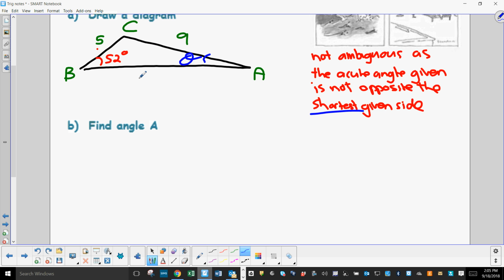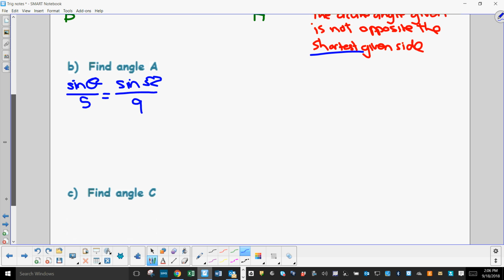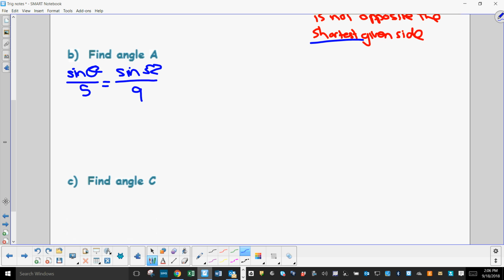Similar set of questions. Find sine A, practicing it again. And sine theta. Anyone have that unknown answer?